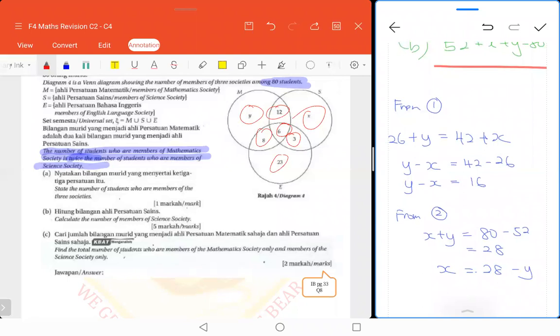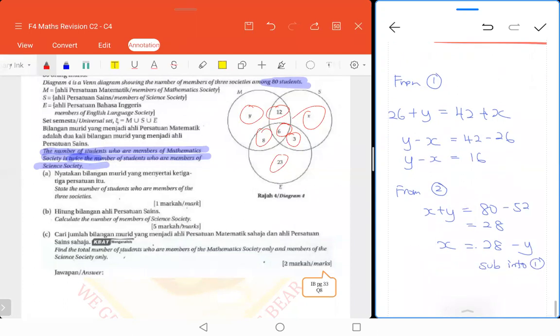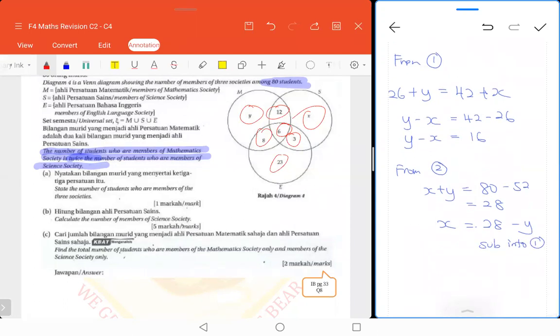Once we get x as the subject, we can substitute into the first equation, simultaneous equation. We have learned in Form 2. Okay, simultaneous equation. So you just make one the subject, then you substitute in. So y minus x equal to 16.